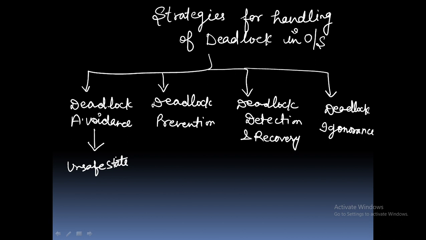This strategy requires that every process declare its maximum requirement of each resource type in the starting. If you want to avoid deadlock, then you must know the maximum requirement of each resource type at the start of a process.